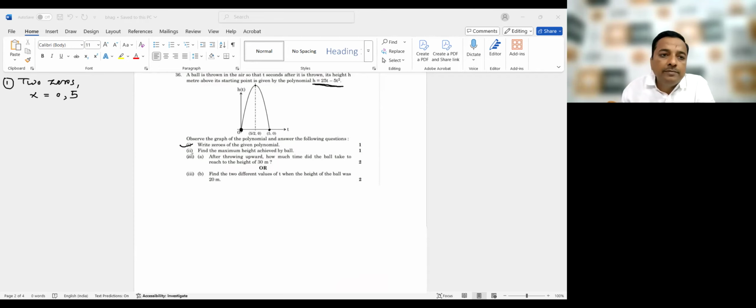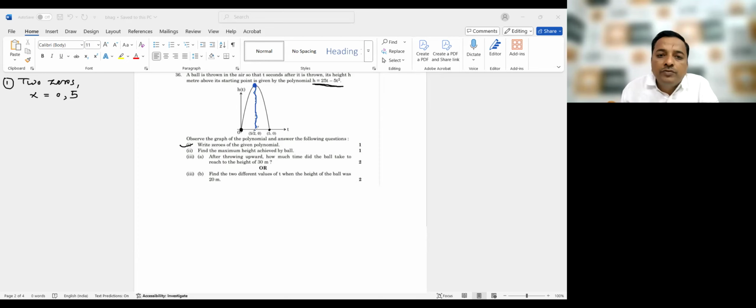First completed. Second one, find the maximum height achieved by the ball. What maximum height did the ball achieve? We have the formula. If you observe the middle one, this is the maximum height where the ball reaches.